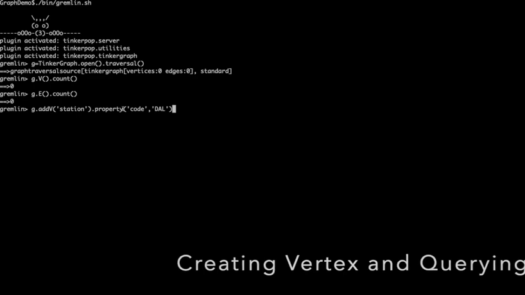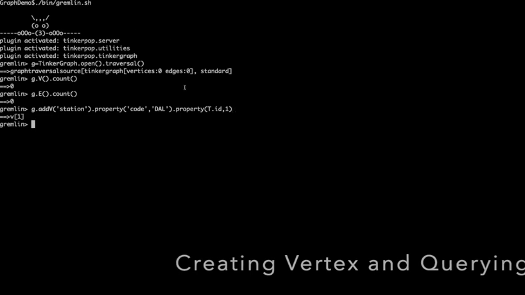If you really want to add your own ID, then you have to define your own ID here by typing T.id and then whatever value you want to assign as the vertex ID. So I'm storing it as 1 and pressing enter.